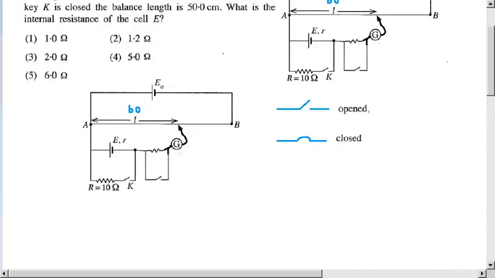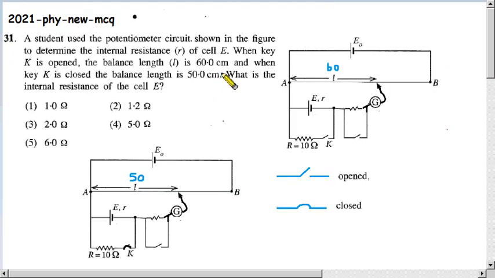When this switch is closed like this, the length had been 50 centimeter. Yes, that is correct. When the switch is closed, this length decreases, therefore it is correct.